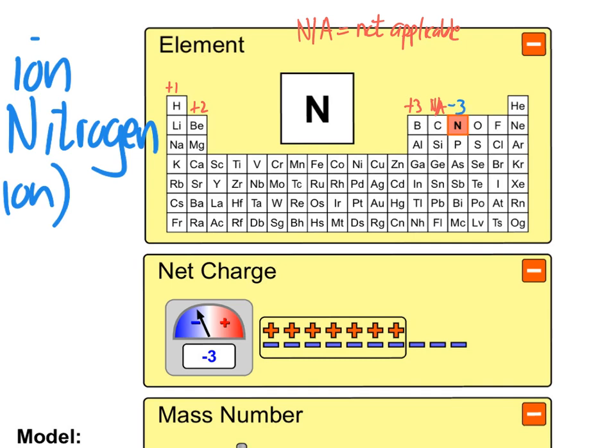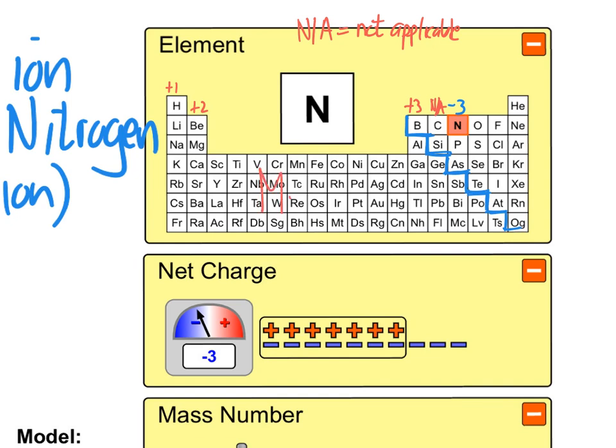Now we haven't discussed this as of yet, but there is an imaginary boundary that we can draw. It looks like a set of stairs that separates metals from non-metals. So on the left-hand side, let me change the color.